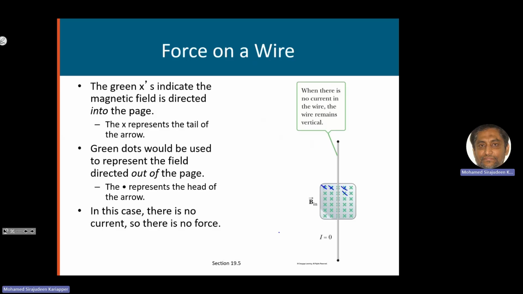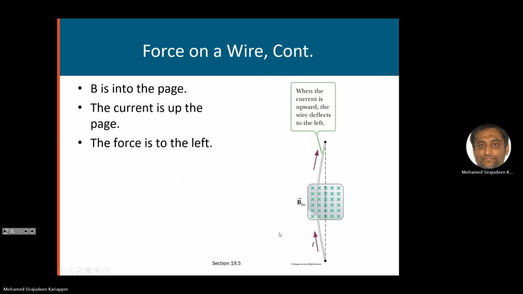This shows the direction, into the screen, and initially we have no current. Will there be force? No current means no force. There is no charged particle moving inside the wire, so there will be no force. Now we switch the circuit on and send a current. You see the wire is deflecting to the left.